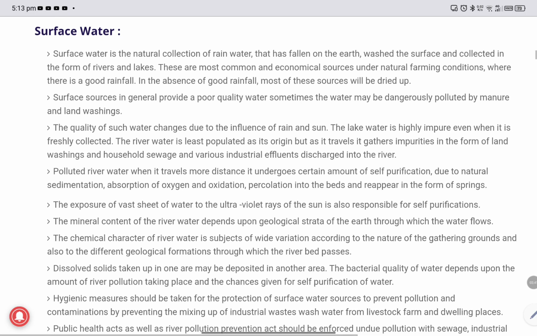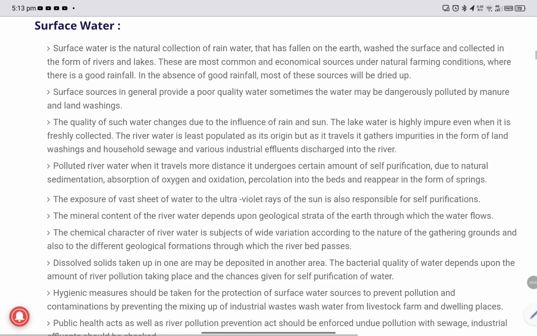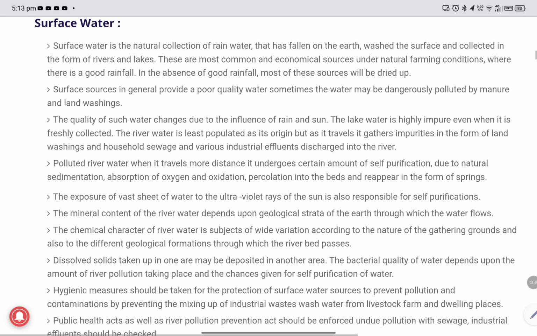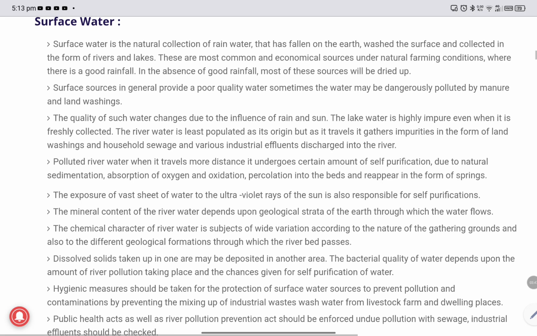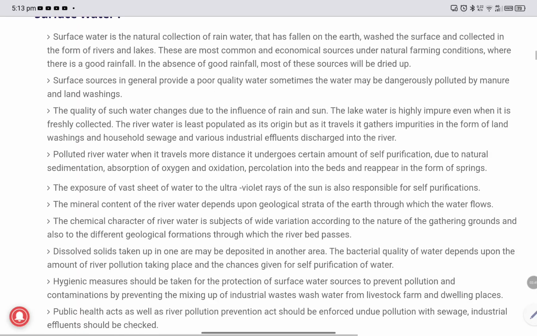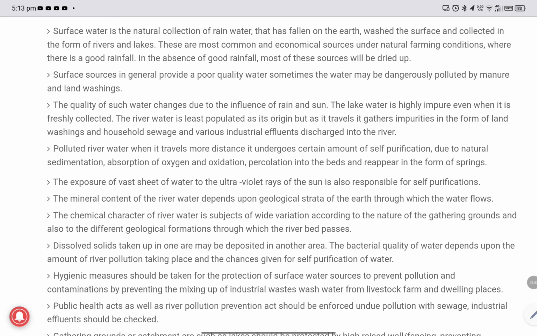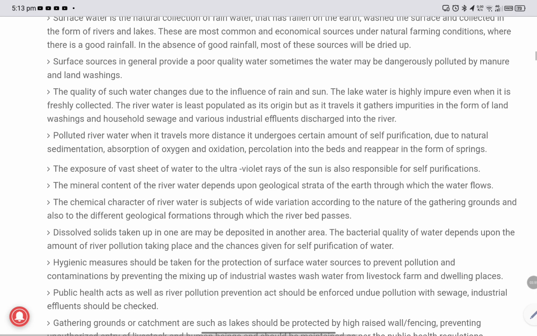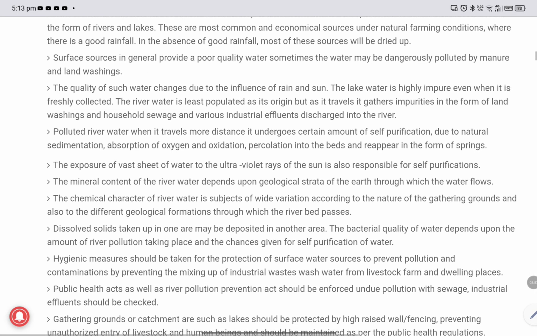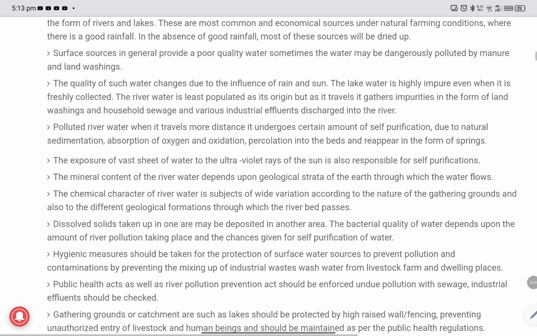Surface sources in general provide poor quality water. Sometimes the water may be dangerous, polluted by manure and land washing. The quality of such water changes due to the influence of rain and sun. The lake water is highly impure even when it is freshly collected.